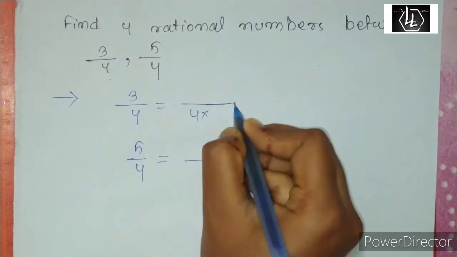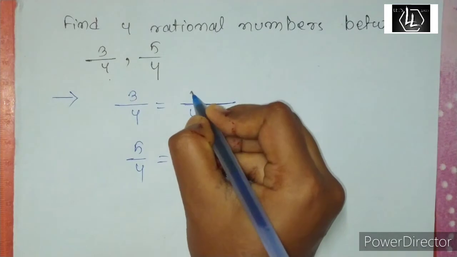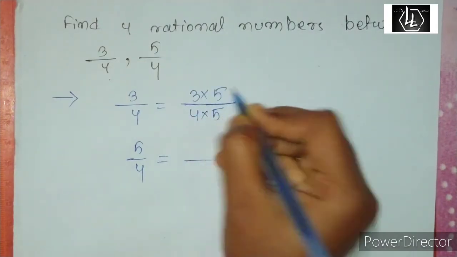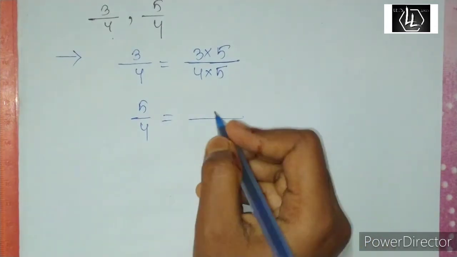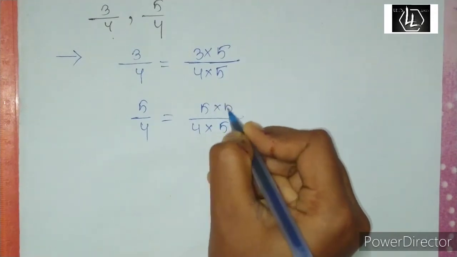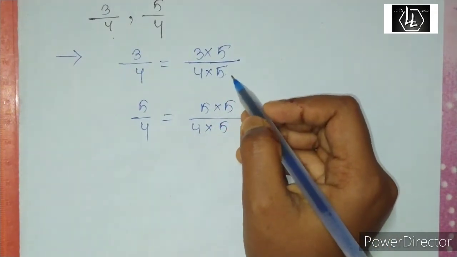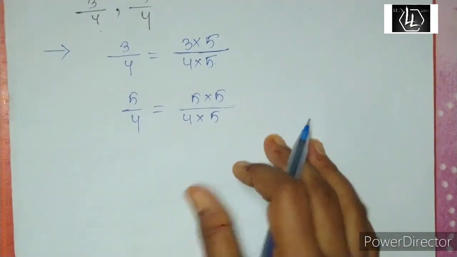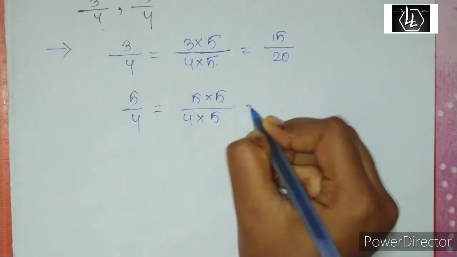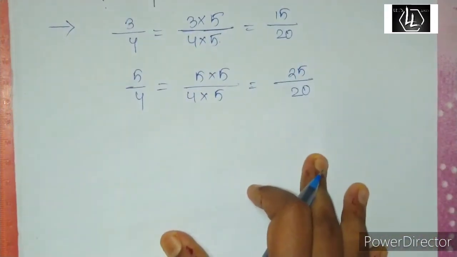So we have to multiply by 5 both denominator and numerator like this. Similarly for this also, 4 into 5, 5 into 5. We have multiplied by 5 as we have to divide it into 5 divisions. Now the result is 15 by 20, 25 by 20.